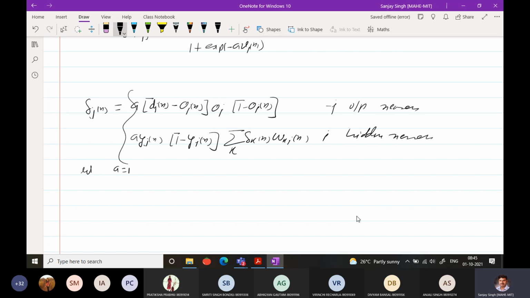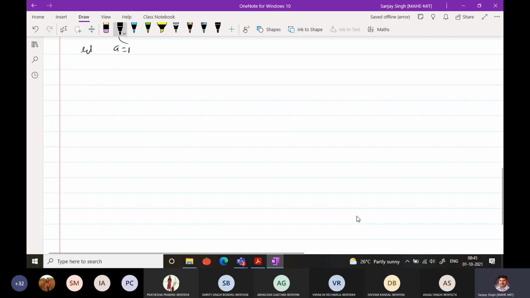Now we take one particular network, a little complicated one. It's almost a 3-layer system. Don't worry about the intuition behind this.